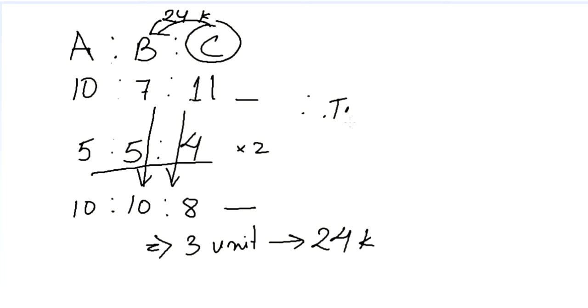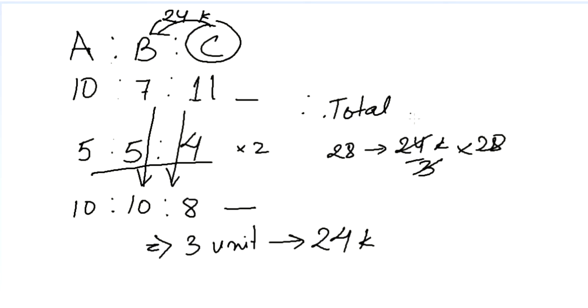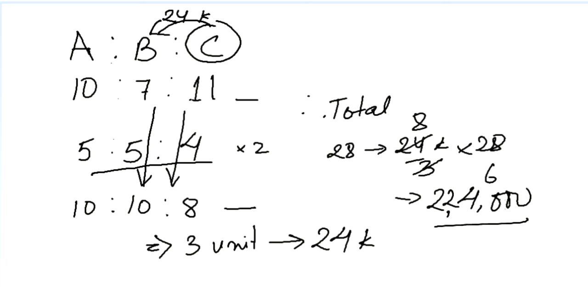The total is 10, 10, 8, that's 28 units. 28 units gives you how much money? 24K by 3 into 28, so 8 into 28 gives you 224, and with the K as 1000, it's 2,24,000. This is the total amount they have.